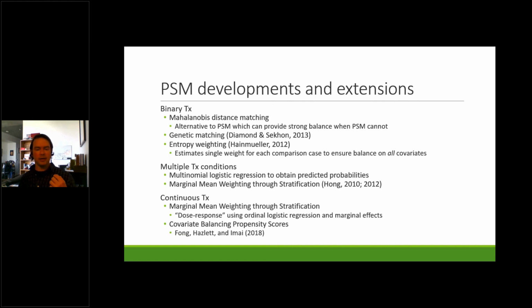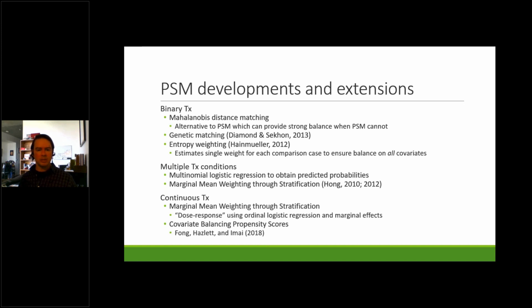But I do use it as a check for my binary treatment analyses because it removes almost all the bias almost every time. It's really remarkable how strong this can be, but it's only available in R as far as I know. It's worth checking out if you're already familiar with a lot of these PSM techniques and you sometimes struggle to find balance in really tricky situations. You might want to check out entropy weighting.